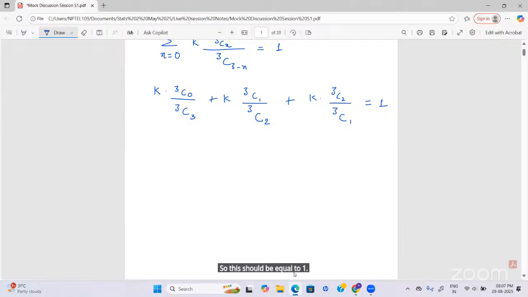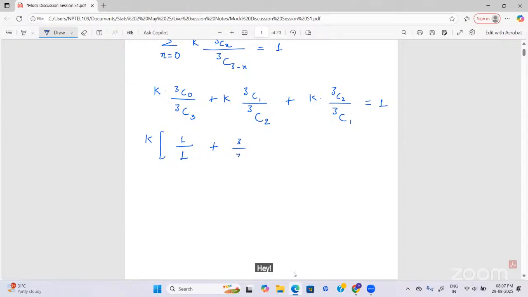From here we can take k as common. So 3c0 will be 1. 3c3 will also be 1. Okay. What is the value of 3c1? It is 3. And what is the value of 3c2? 3.